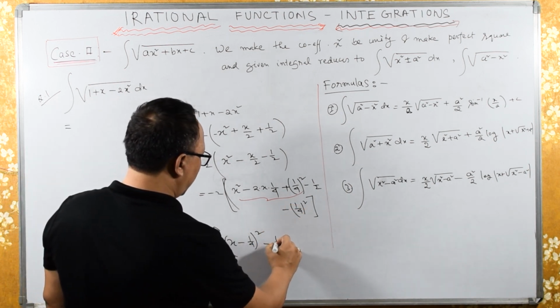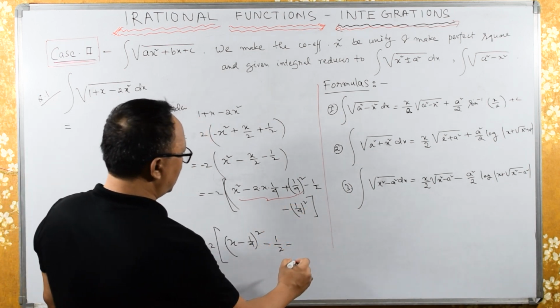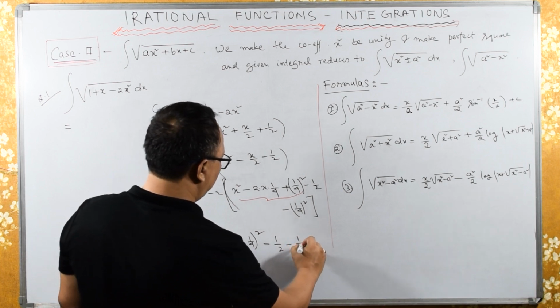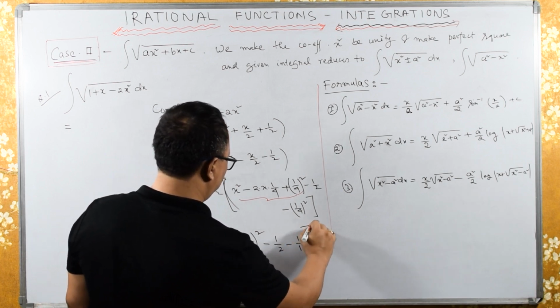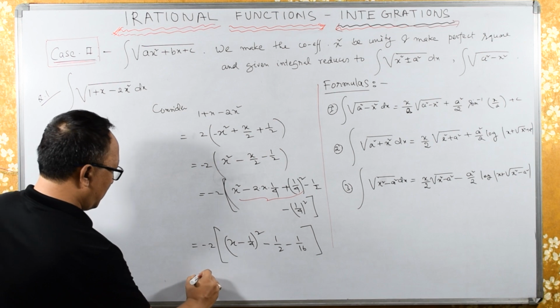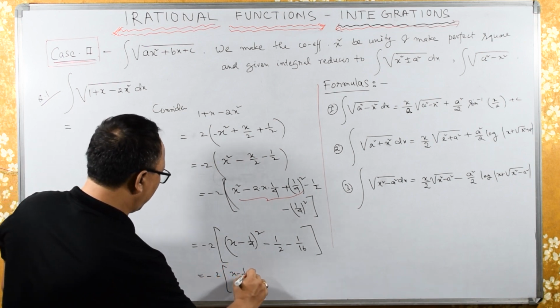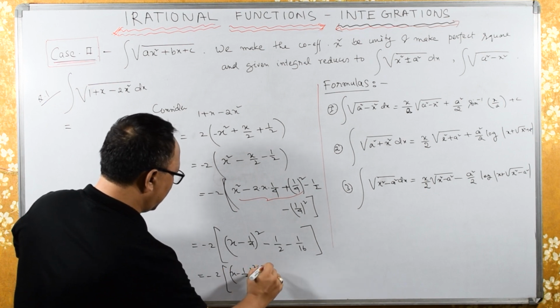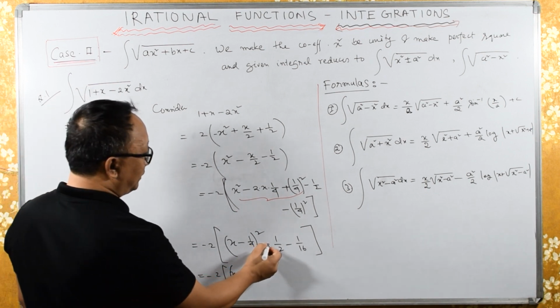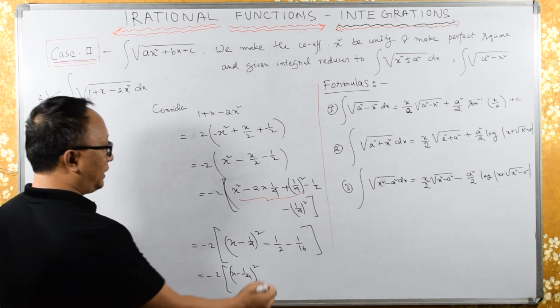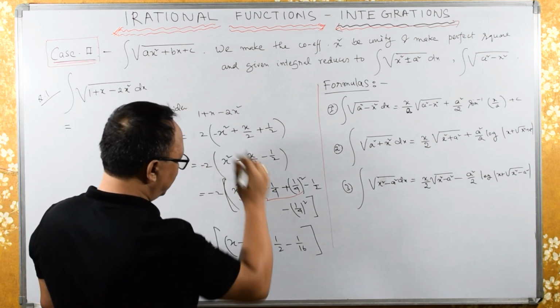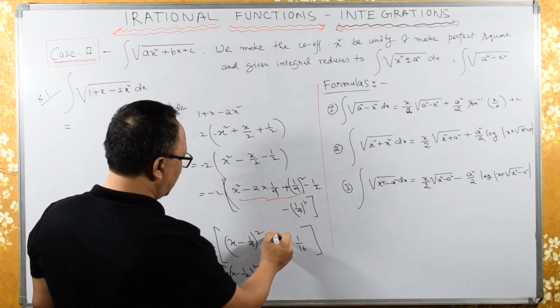Now we have 1 by 2 minus 1 by 4 for the 16. Now if I take minus common from x minus 1 by 4 the whole square, then it will be what?